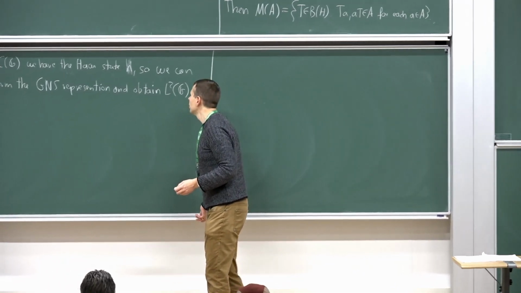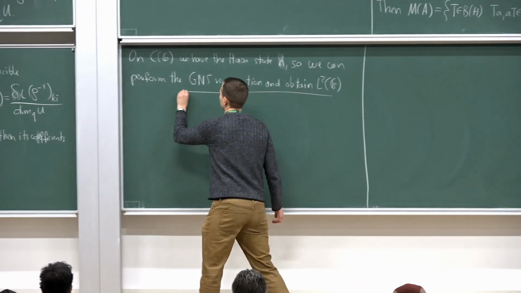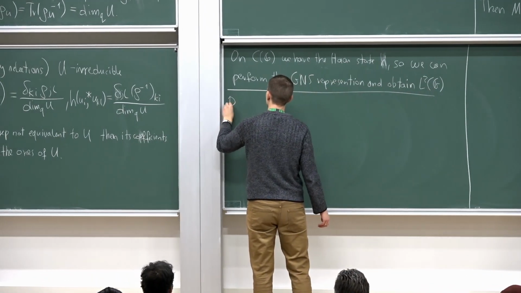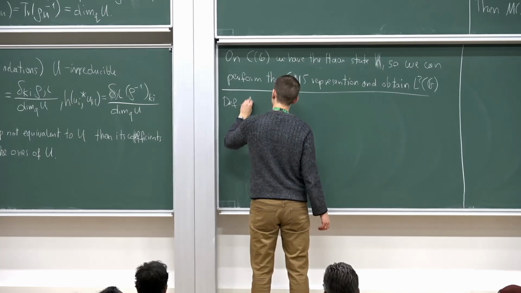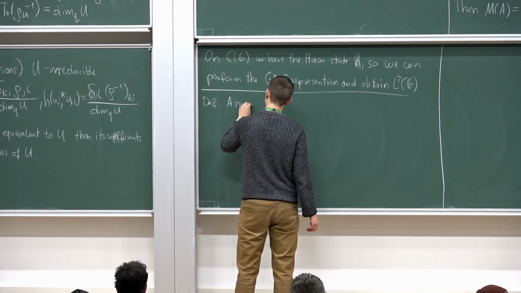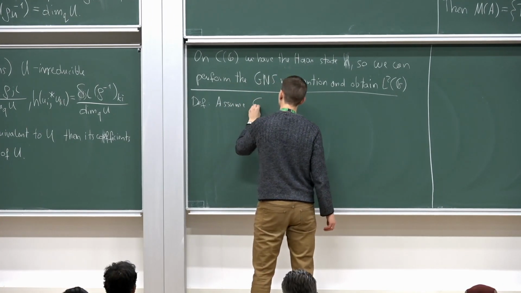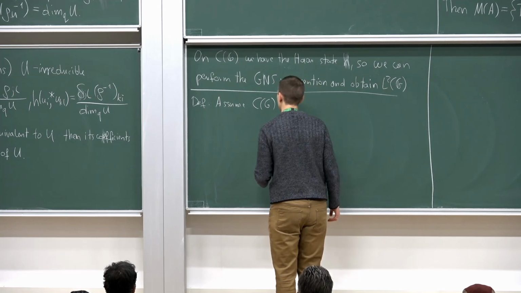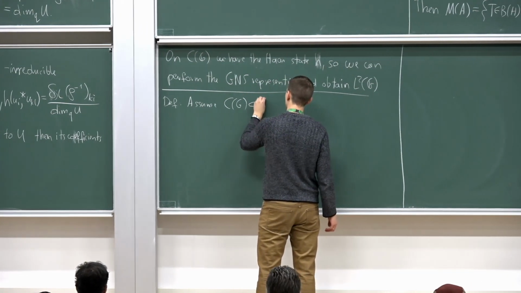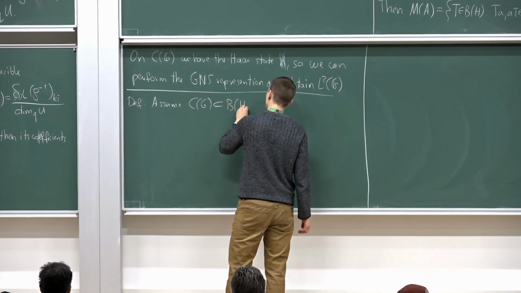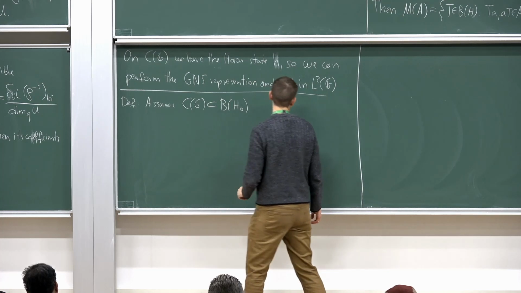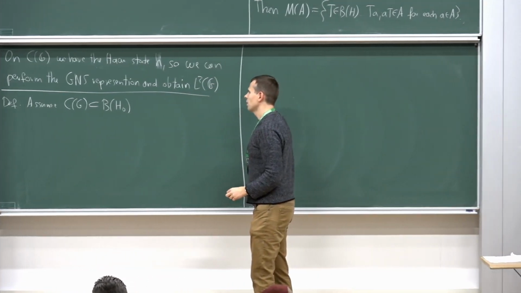Okay, so the definition is: assume that C(G) is represented on some Hilbert space H0.